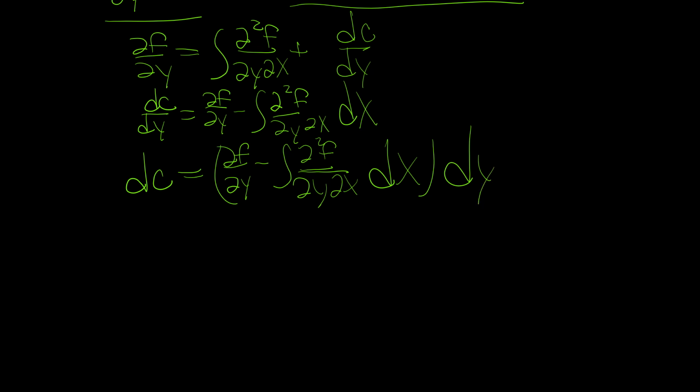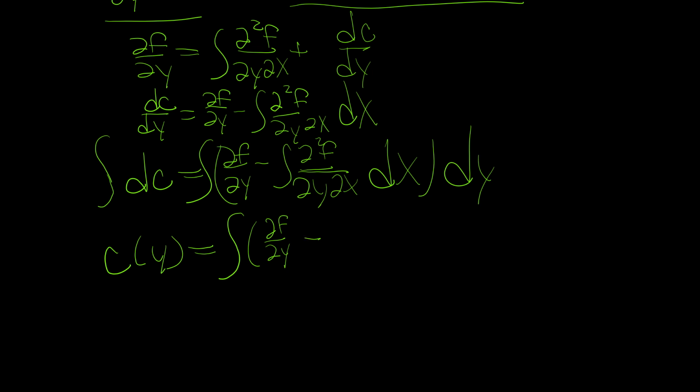So if both sides are then integrated, the end result that you end up with is that c of y is equal to this really hairy integral of partial f with respect to y minus the integral of partial squared f partial y partial x dx.